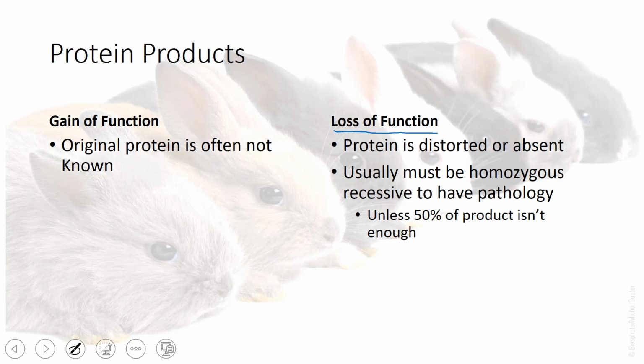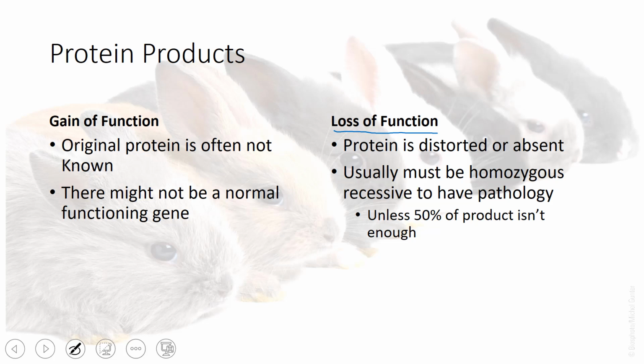Oftentimes there may not even be an original protein, or a normal functioning gene. Instead, we've almost created a protein product as a result of a mutation in maybe a region where you didn't even have a gene.